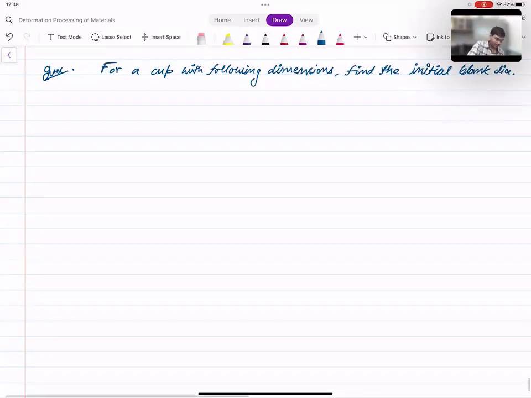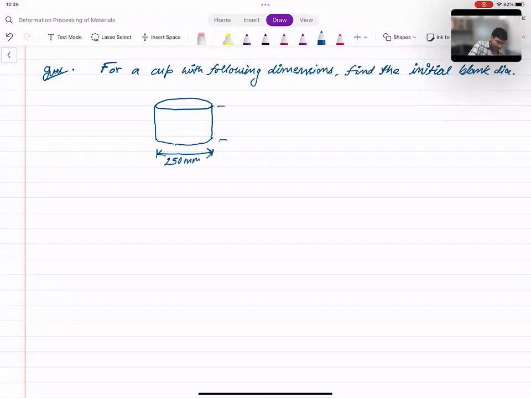So say the cup is like this. Okay. And its diameter is given as 250 mm and its height is 200 mm.